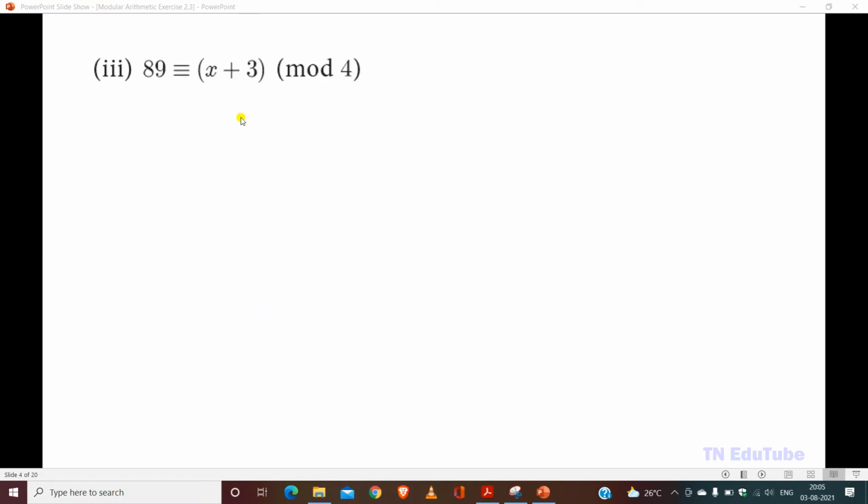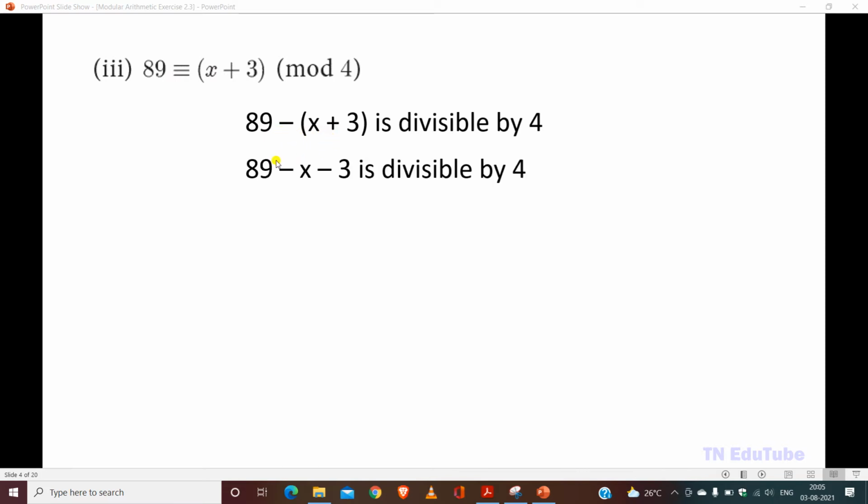Then Roman letter 3: 89 is congruent to x plus 3 mod 4. Take this x plus 3 to the left-hand side. So 89 minus (x plus 3) is divisible by 4. When you remove the bracket, it is preceded by a minus sign, so change the signs: minus x and minus 3.